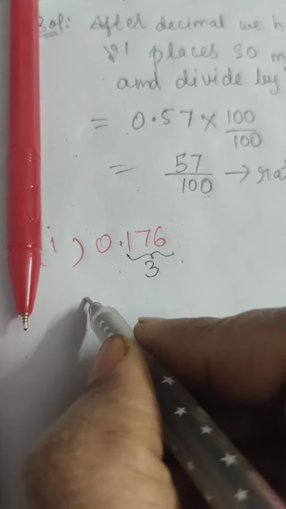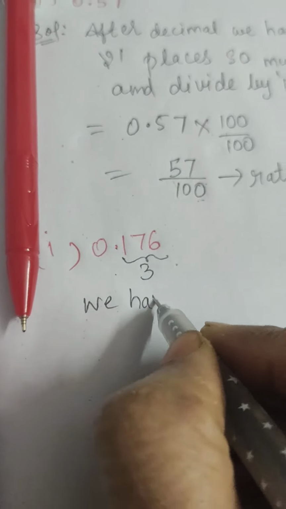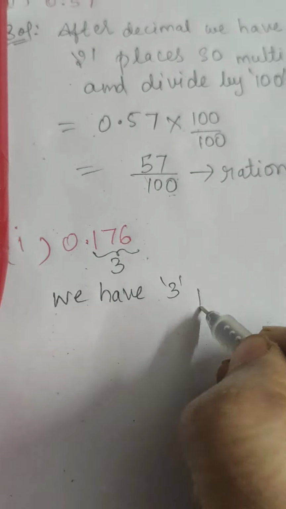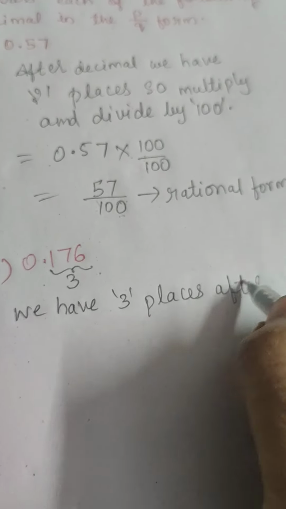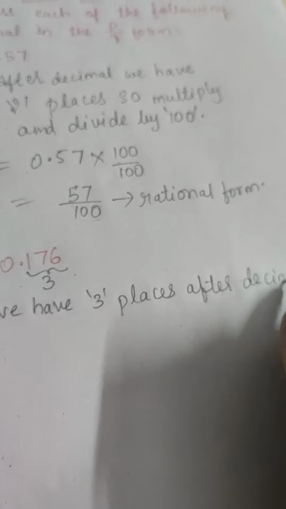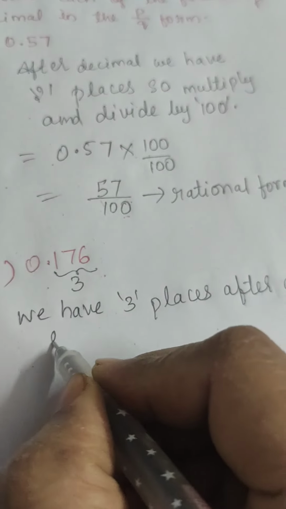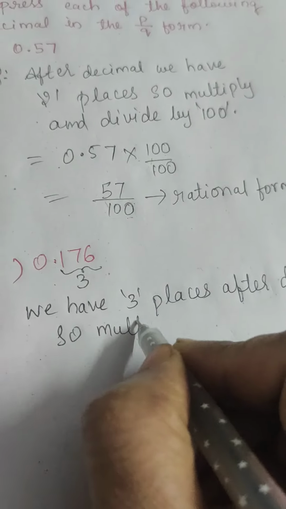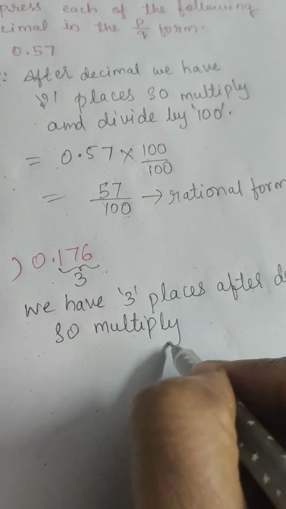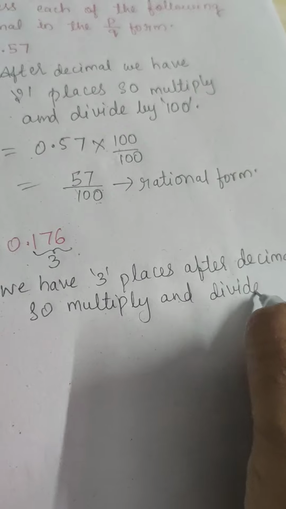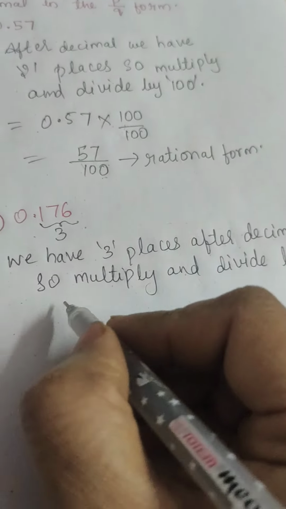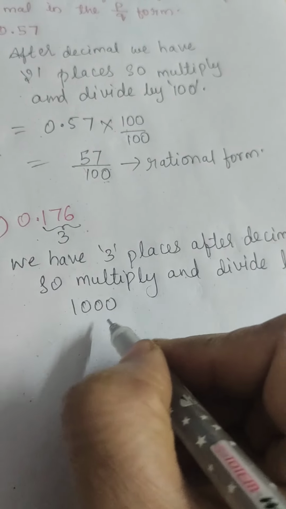We have 3 places after the decimal, so multiply and divide by 3 zeros, that is 1000.